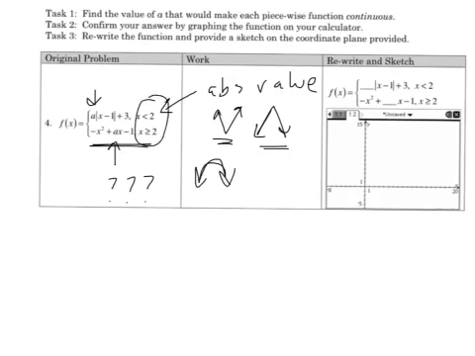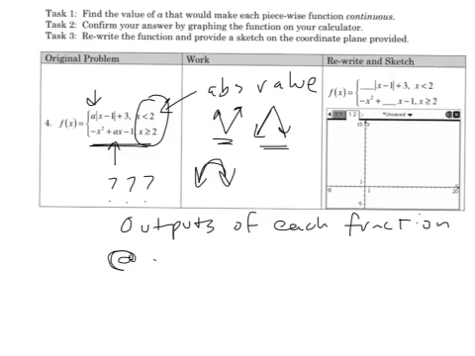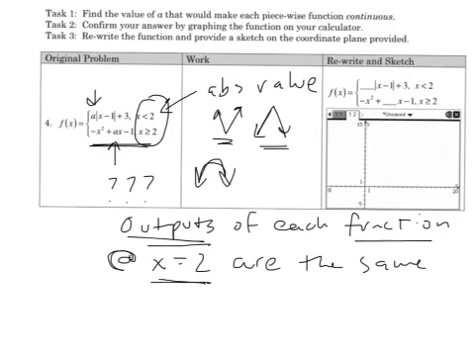So continuity at x equals 2 really depends on what these 2 functions are approaching as we get closer to 2. We are basically going to make sure the outputs of each function at x equals 2 are the same.